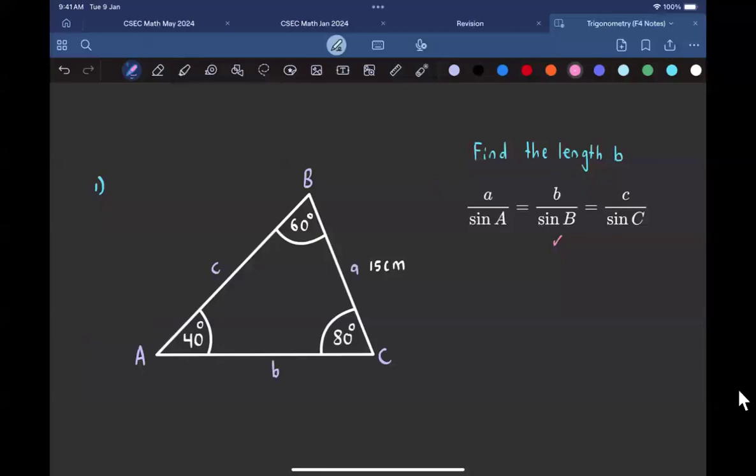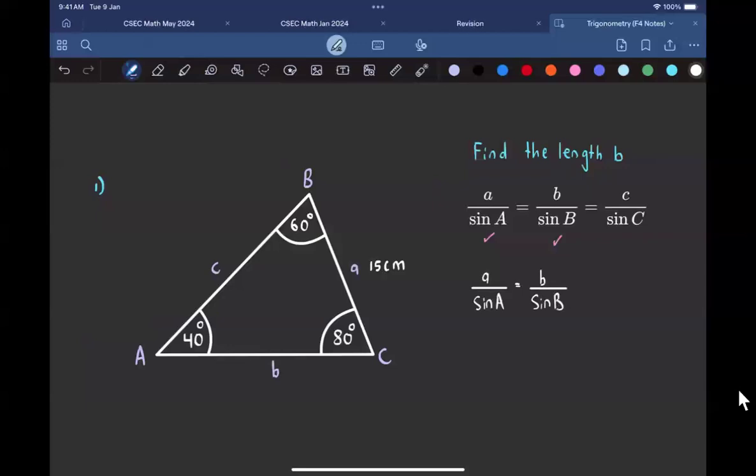Why is that a complete set? Because we have the length of the side and the angle. Awesome. So now we're going to plug in. Let me write back the formula here.